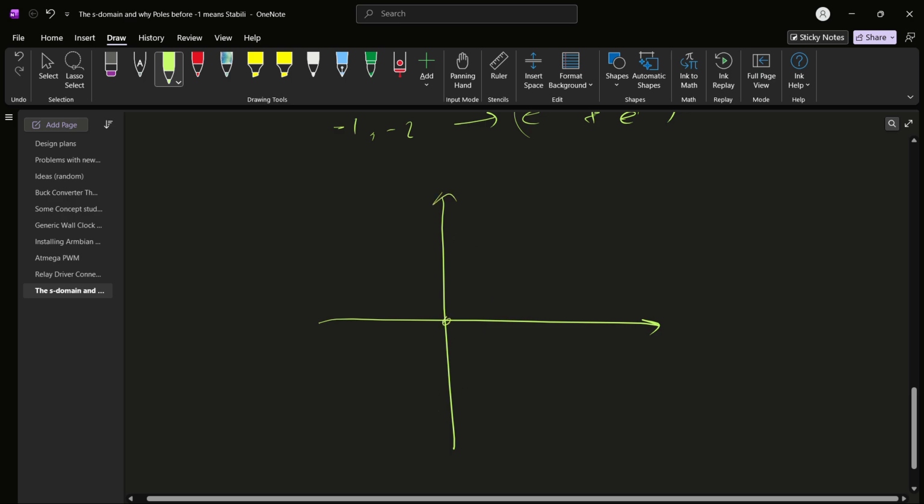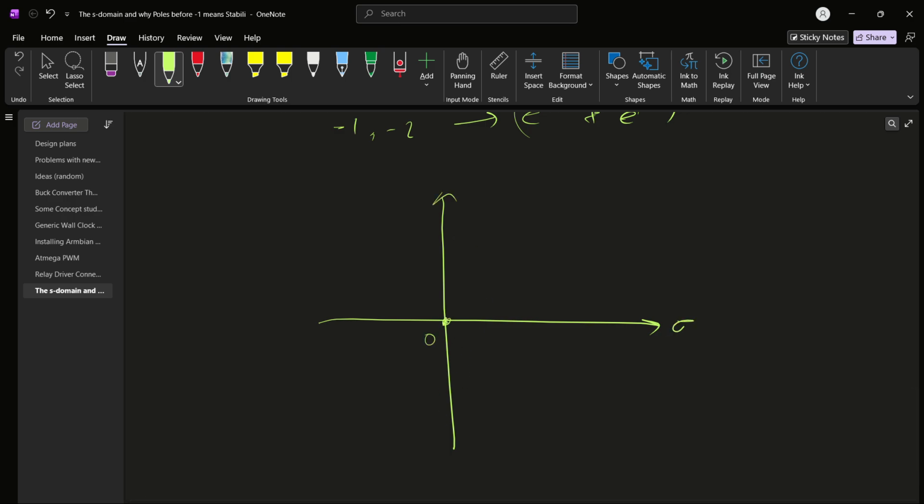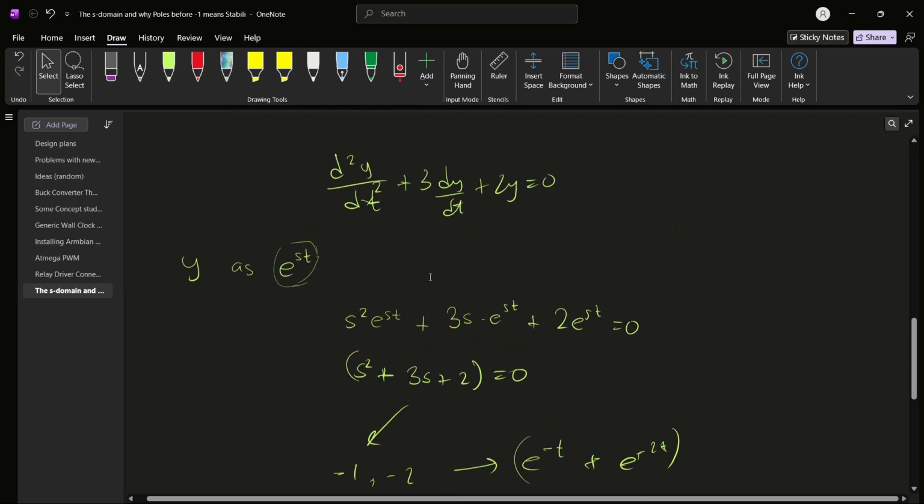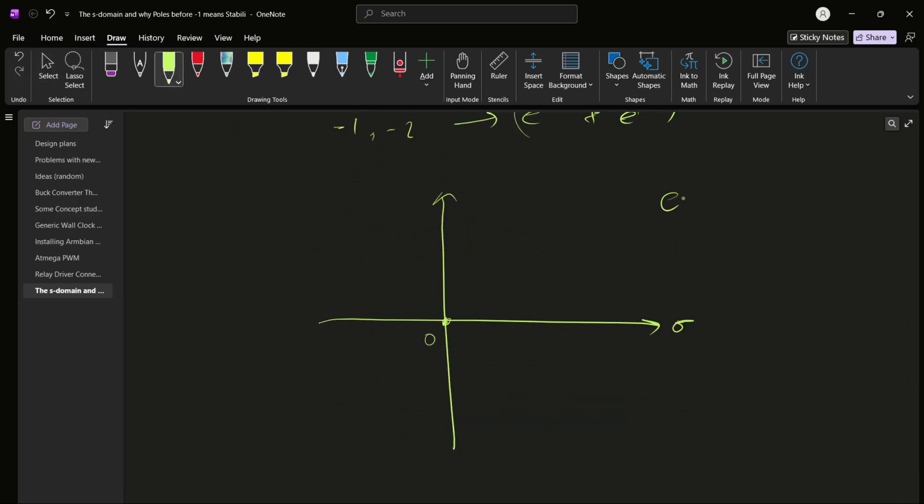The S-plane is where the x-axis is the real value, and this is the imaginary value.